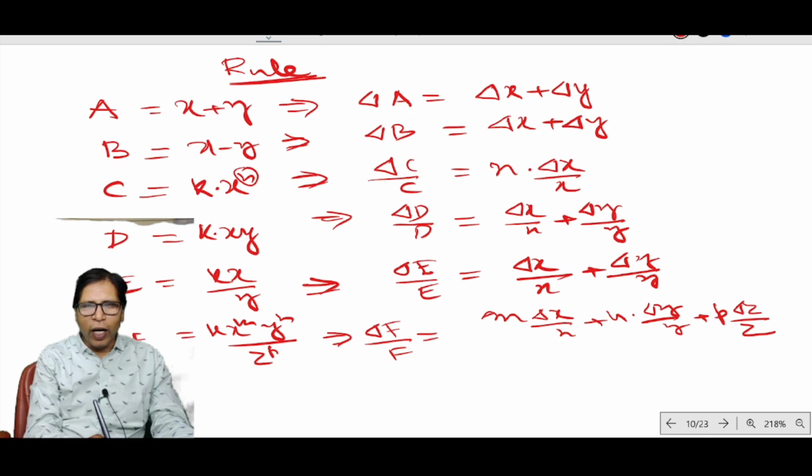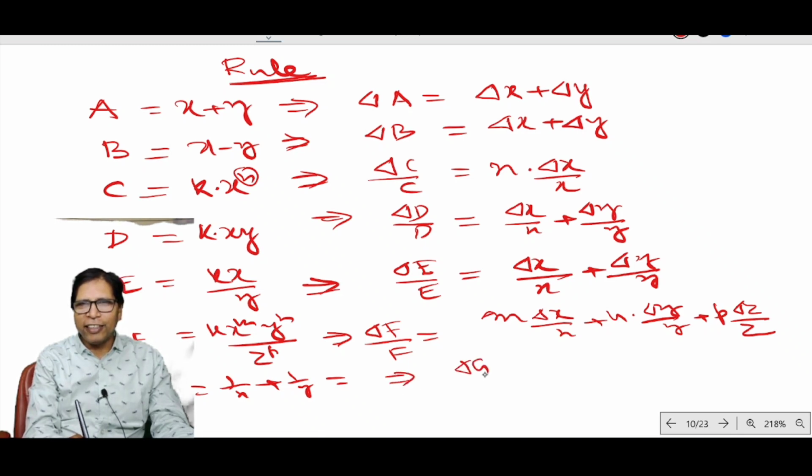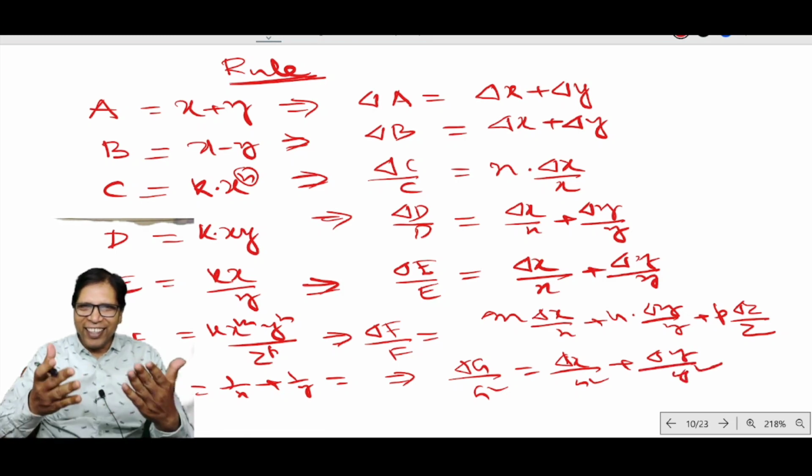And finally 1 by g equals 1 by x plus 1 by y. Now this gives delta g by g square equals delta x by x square plus delta y by y square. Okay, understood?